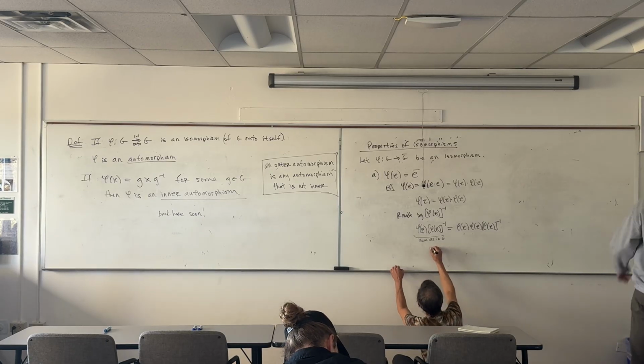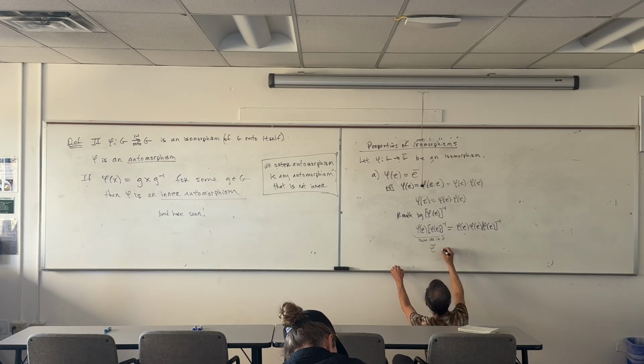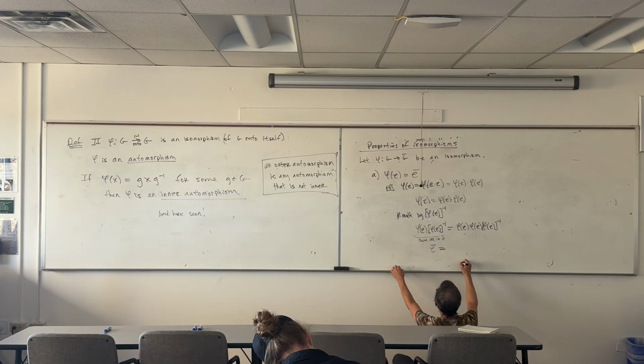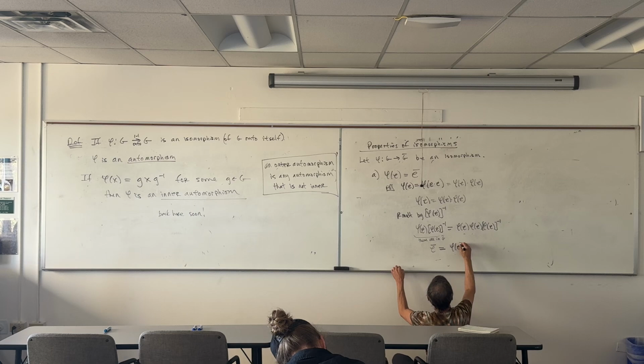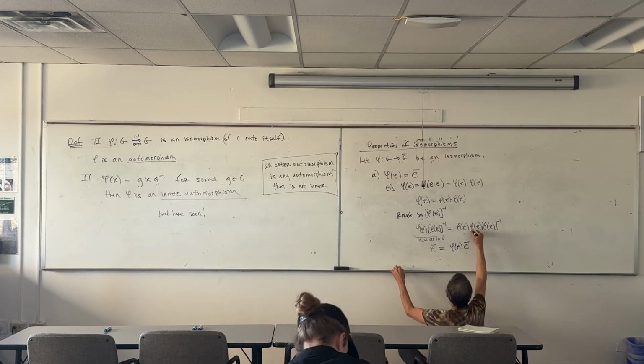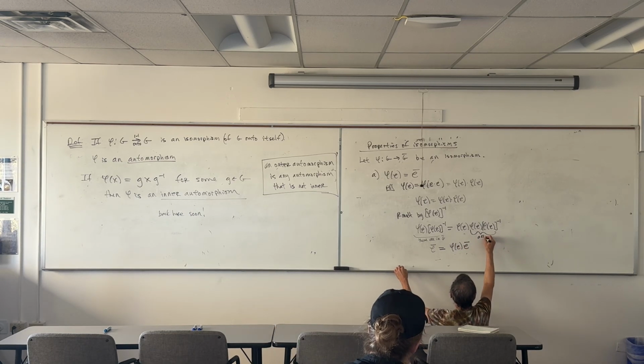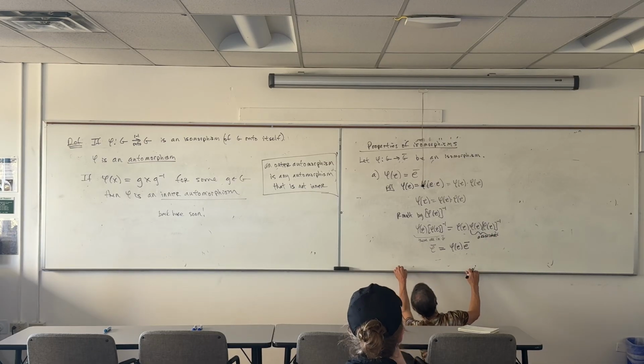So this is E bar equals, now I'm going to cancel these over here, so this is phi of E times E bar. Group these two together, we can associate. And since they invert each other, I get that identity in G bar.